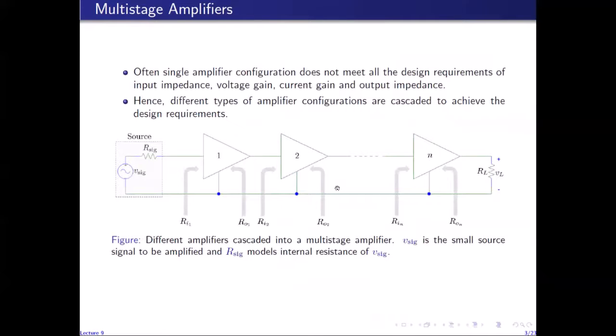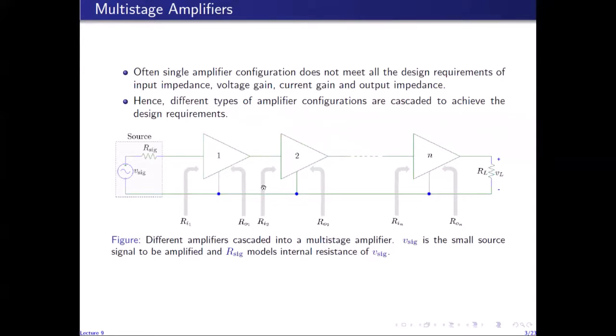Then we'll have to find the voltage gain just the way we did for the common emitter and common base amplifier. Replace these individual stages with their AC equivalent circuits, and assuming the input resistance of the following stage as the load resistance of the stage under consideration, you just derive the ratio of the load voltage to the input voltage of the stage under consideration.